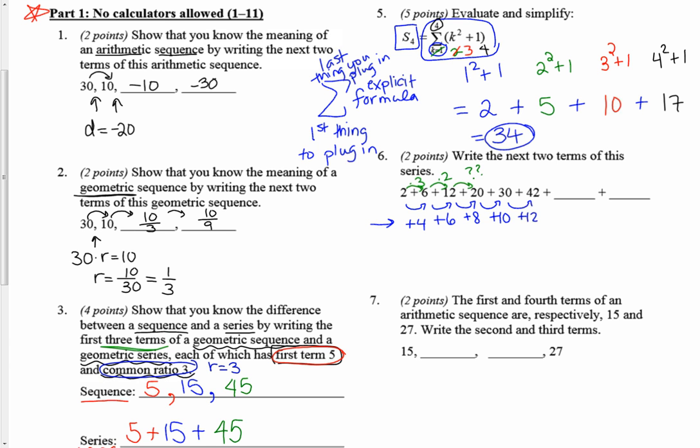So this is not a straight arithmetic, but what I notice is the terms that I'm adding form an arithmetic sequence. I add 2 more each time. So to get from 42 to the next term, I would need to add 14, which would make this 56. To get to the next term, I would need to add 16, which would give me 72.